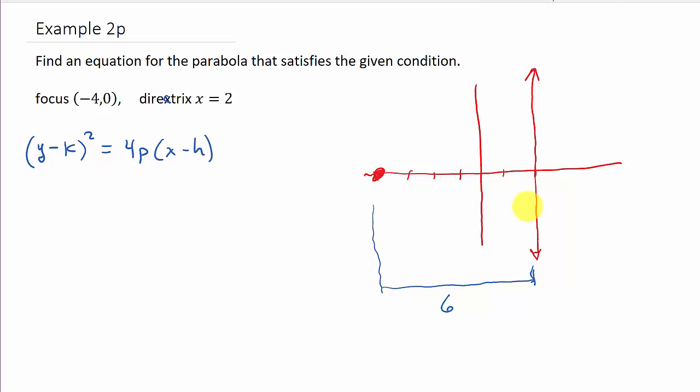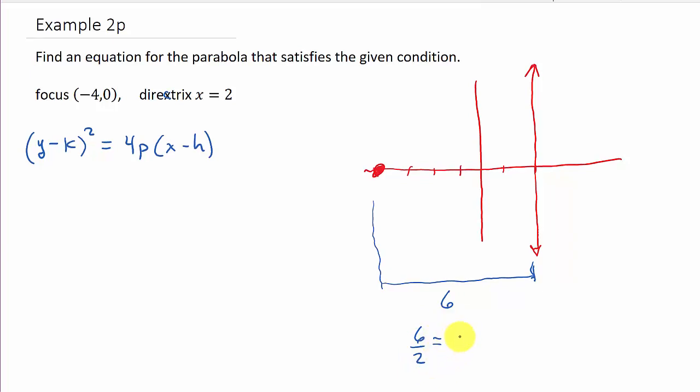So 6 over 2 is equal to 3. So this tells us that p is equal to -3. Now remember, in this case p is -3 because it opens to the left. If it opens to the right, p would be positive. So p is 3, I'm sorry, -3.